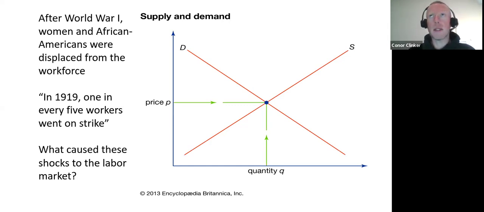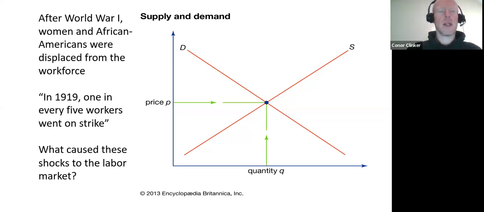Now, after the war ends, and all of the military age men, mostly white men, who fought in the war come home, they're going to re-enter the workforce, and most of the newer workers, the women and the African Americans, for example, are going to be displaced. So there are big shocks to the labor market.